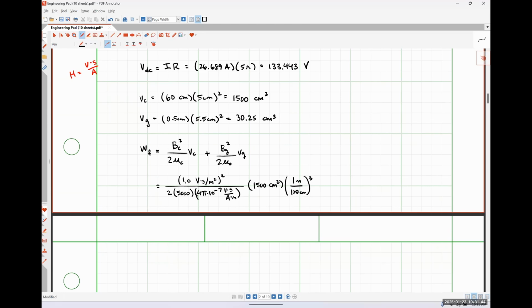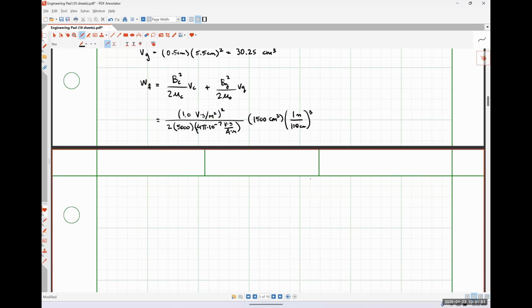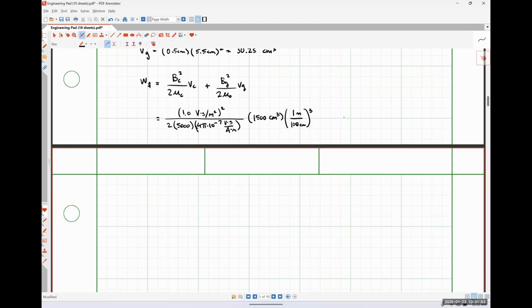It won't come out as nicely as that because we have to cube everything. So this part right here, I'm just going to put an arrow over here, I'm running out of space anyway, is actually going to wind up just being 0.119 joules.